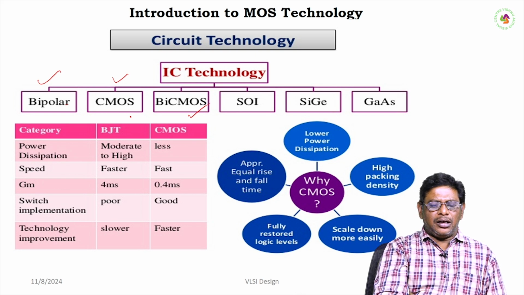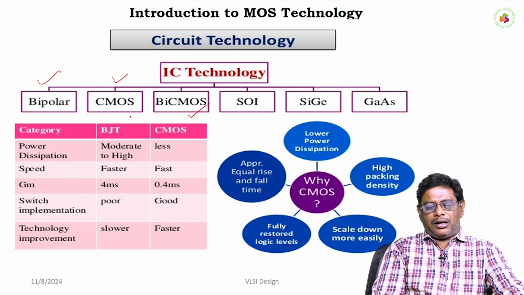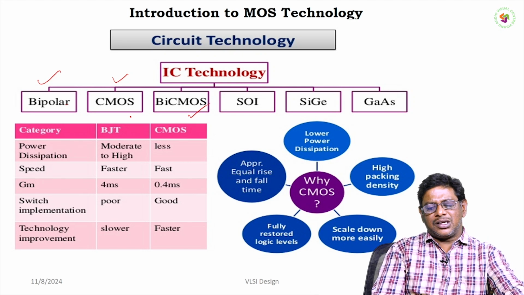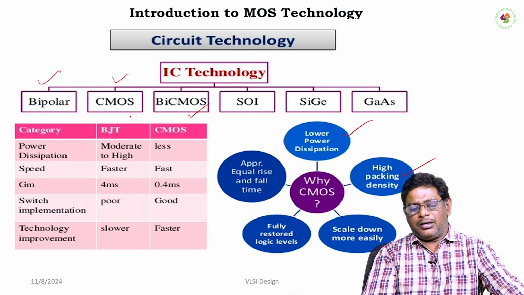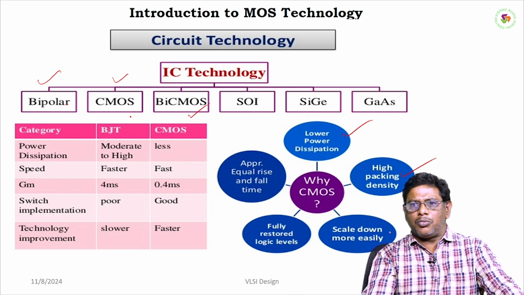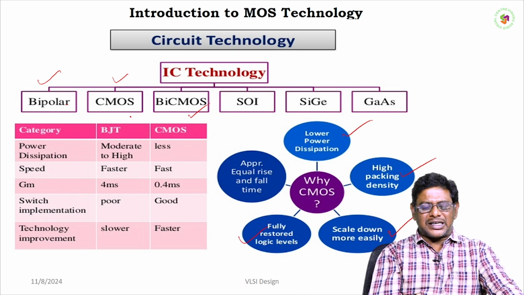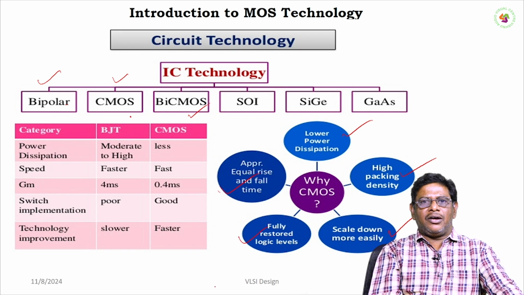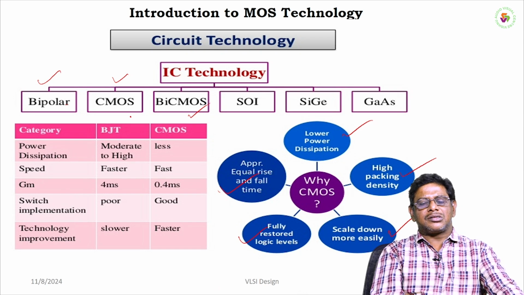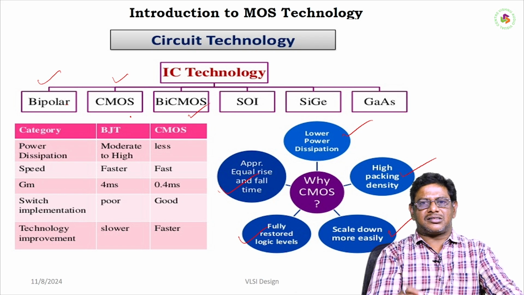And why do we need to go with CMOS design? The basic advantages of CMOS design are low power, high packing density, easy scaling down, fully restored logic levels, and equal rise and fall times. It means that when we compare with BJT models, the power consumed by the design is very low.